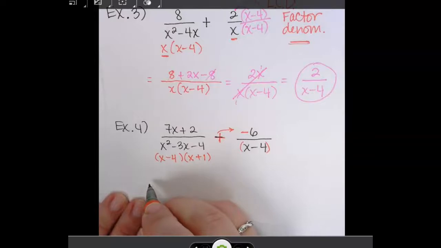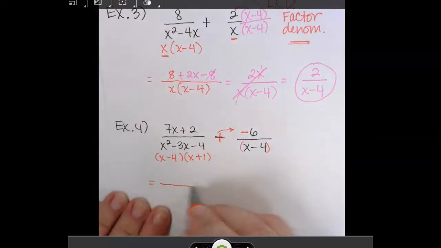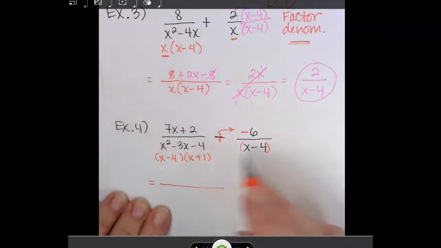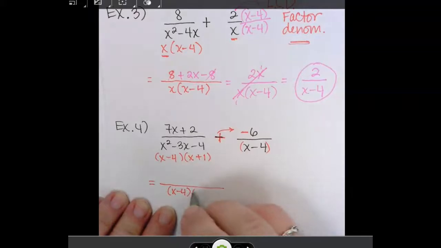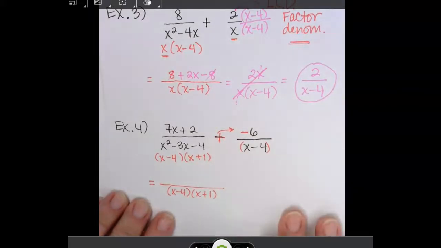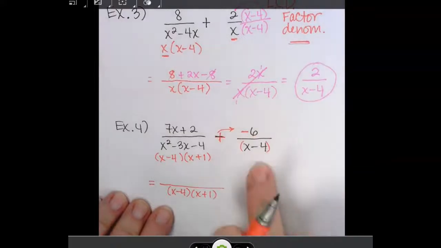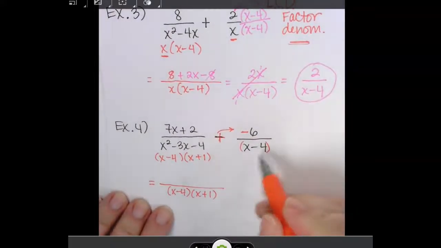Right? So we know that for the least common denominator, we want the denominators to match, to have all the same factors in them. Both of them already have an x minus 4. But this first rational expression also has an x plus 1 factor, and our second fraction does not contain that right now in its denominator.